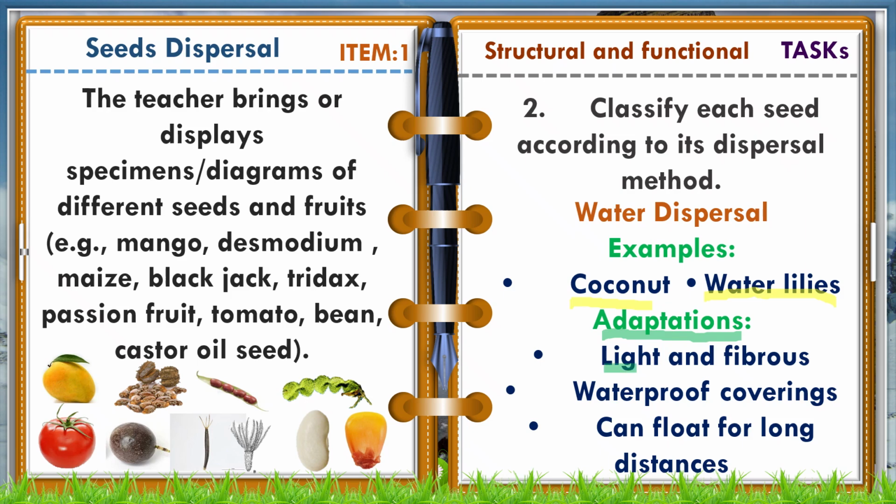One, they are light and fibrous, making them able to float on water. Two, they have waterproof covering, meaning that this one will not allow water to enter inside, and they can float for a long distance.